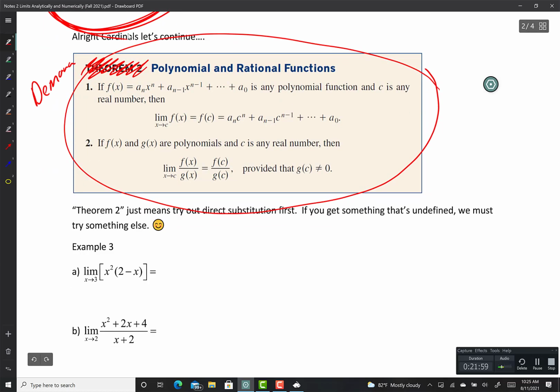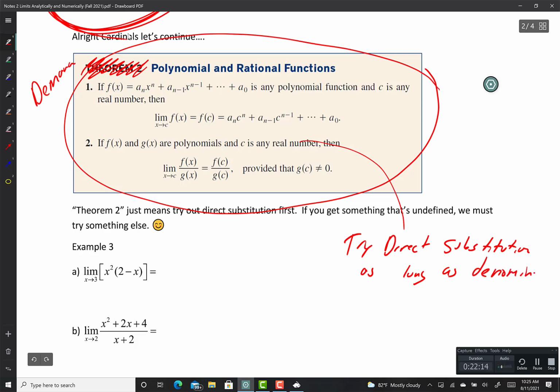It's trying to tell you: try direct substitution, as long as the denominator is not 0. That's what it's saying.